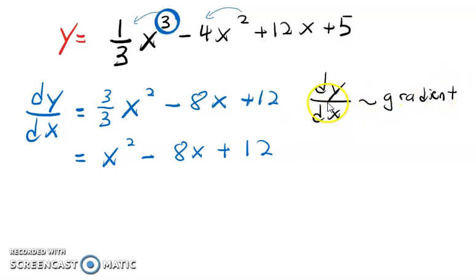Now the gradient will be 0 when you have a straight line. For example, for this cubic equation we will have a cubic graph shape.